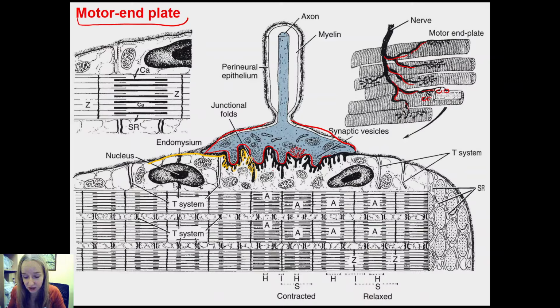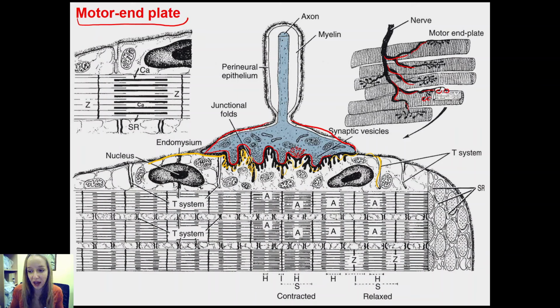So it's causing a depolarization wave right here, and the depolarization wave is going somewhere here, and you already know this structure. This is a T system, or T tubule, an invagination of the sarcolemma down to the center of a muscle fiber.